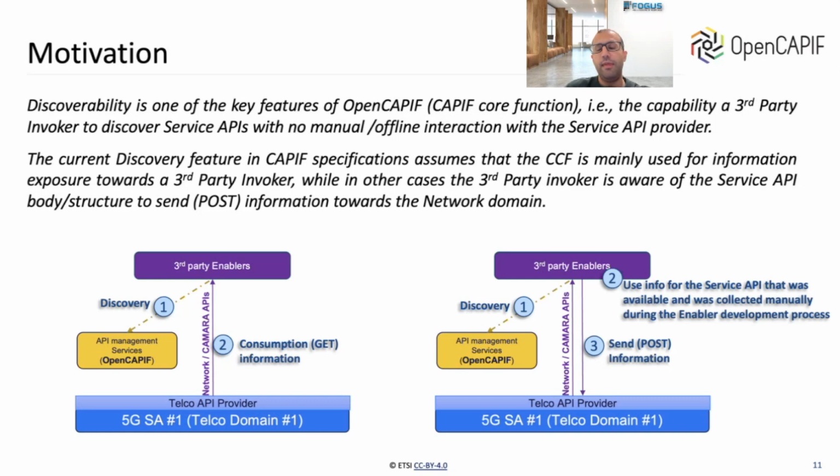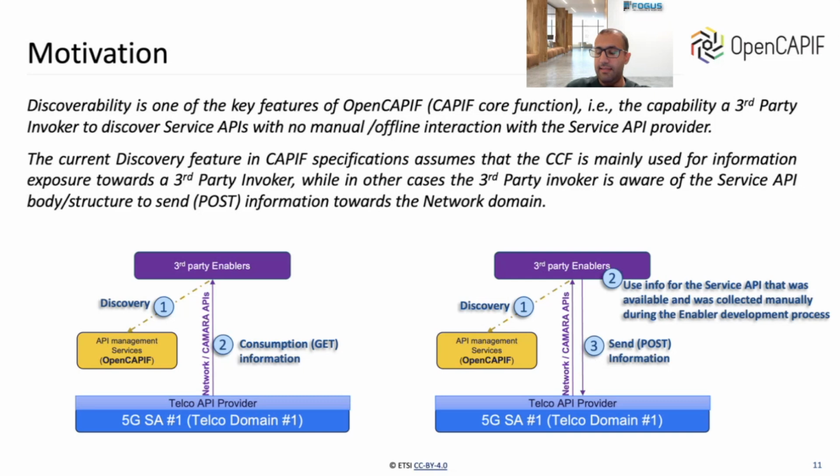Until now, the CAPIF specifications assume that the CAPIF core function can give the invokers information about an API, mainly connectivity information, such as the IP, the port, or some security information.